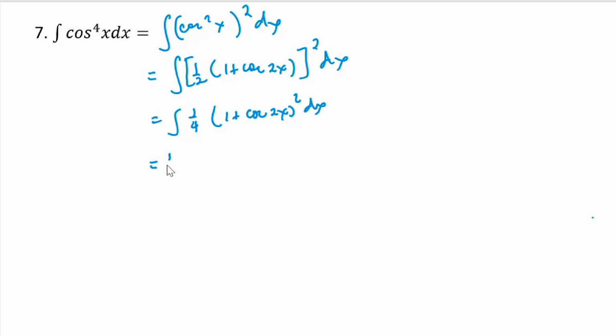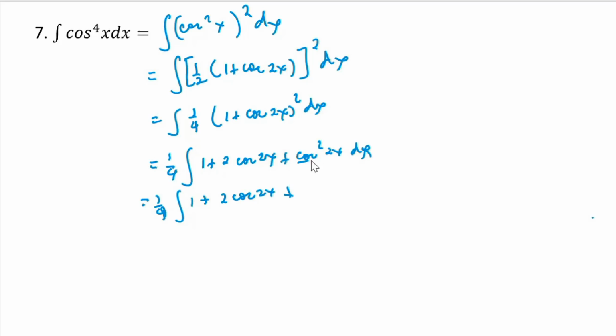And then I will write 1/4 outside. So the integral now of the square of 1 plus cosine 2x can be written as 1 plus 2 cosine of 2x plus cosine squared of 2x dx. And then we have now 1/4 the integral of 1 plus 2 cosine 2x plus, rewriting again the identity, 1 half times 1 plus cosine of twice the angle, so we have now 4x dx.